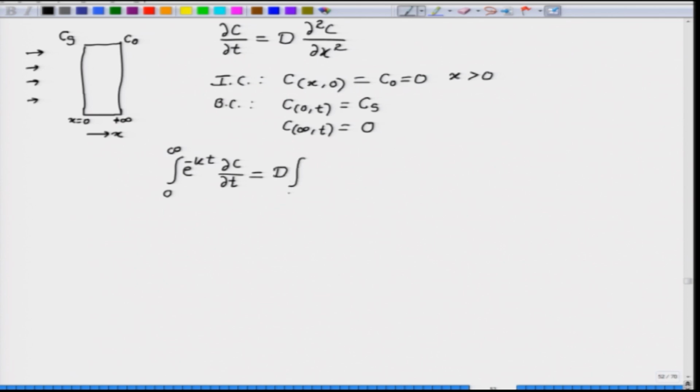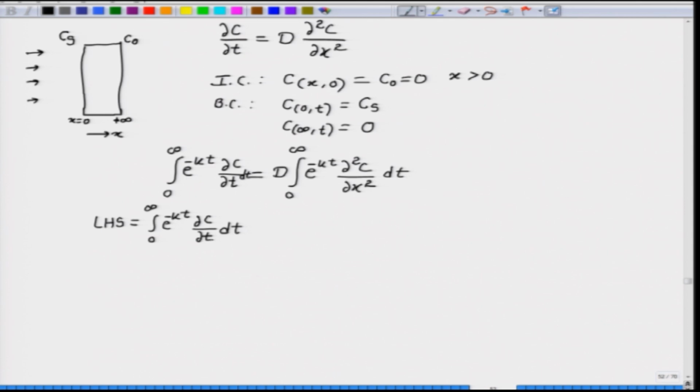So, let us take D out of the integral 0 to infinity e to power minus kt ∂²c/∂x² dt. So, there should be this term dt. Let us first solve the left hand side. LHS is equal to integral 0 to infinity e to power minus kt ∂c/∂t dt.